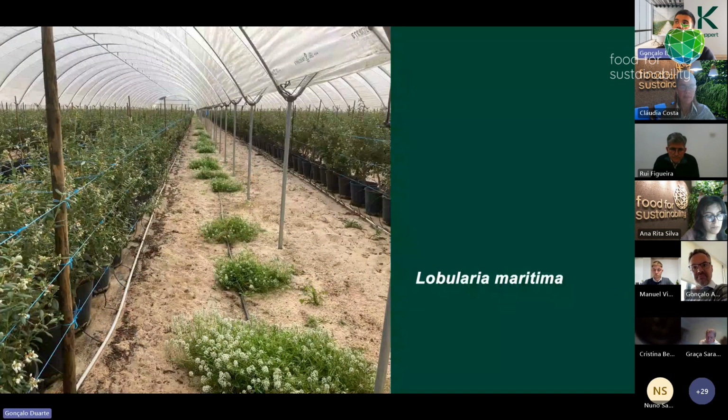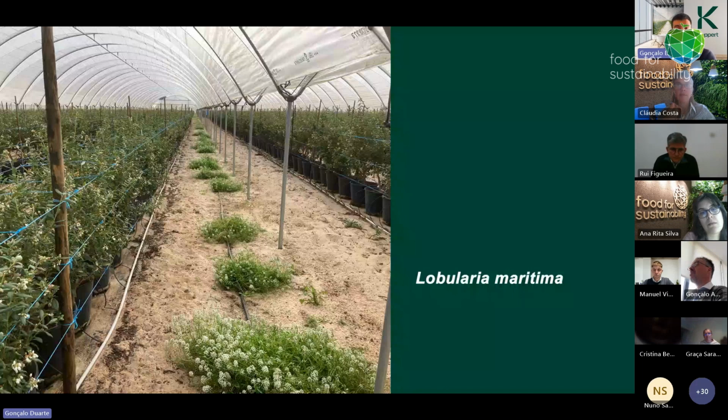Another species that we use, and this is a very practical example for you to see, is Lobularia maritima. It's also a native of our country and region. Usually it tends to grow close to the ocean, but since it's a very tolerant species to many conditions, we use it a lot in many farming systems. In this case, you can see this is a blueberry production, and we use it as a banker plant for many natural enemies.